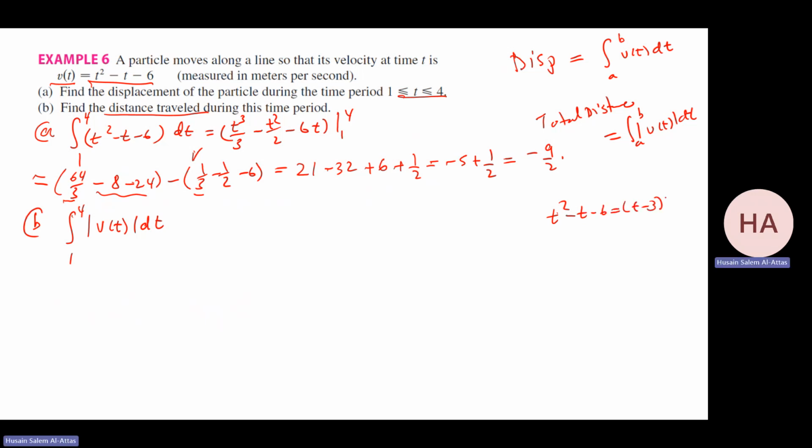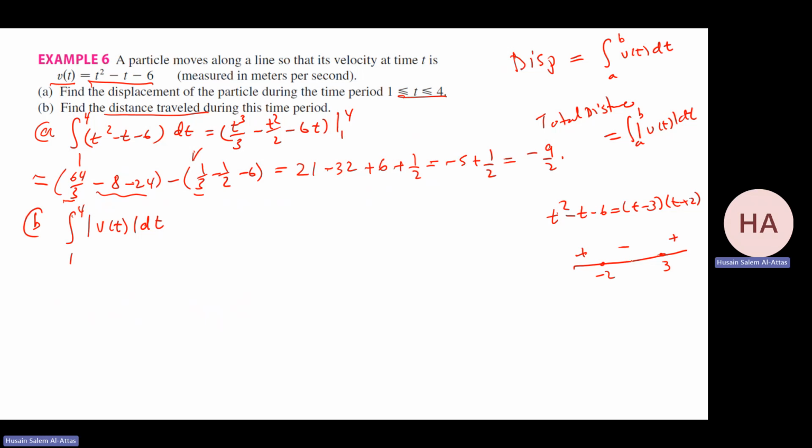That will be t minus 3 times t plus 2. So for sure, I have minus 2. This is 3. Before minus 2, it's minus, minus, that will be plus, minus, plus. I want to check from 1 to 4.